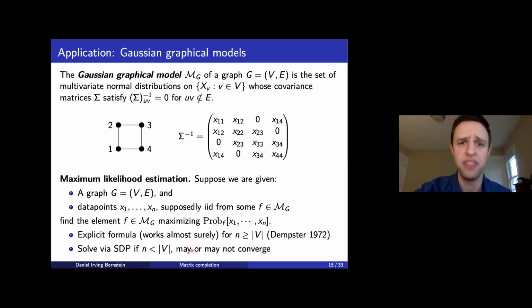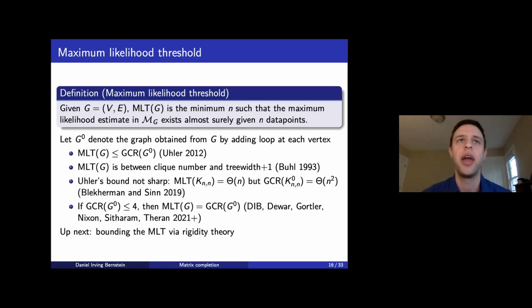So this begs the question, given a graphical model, what is the smallest number of data points that I can get away with and still be able to solve the maximum likelihood estimation problem? Just to define some terms, given a graph G, the maximum likelihood threshold, denoted MLT, of G is the minimum number of data points such that the maximum likelihood estimate exists almost surely.